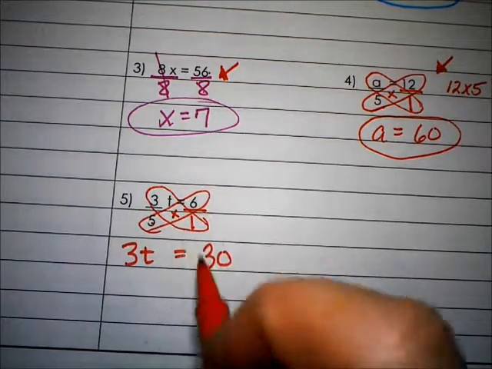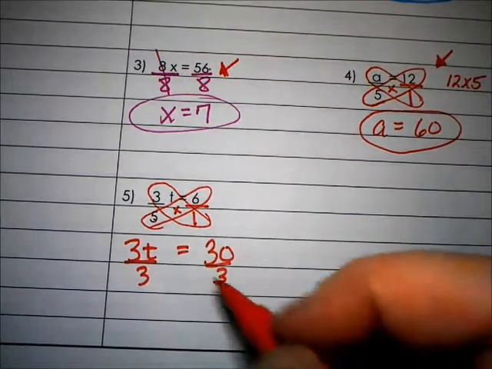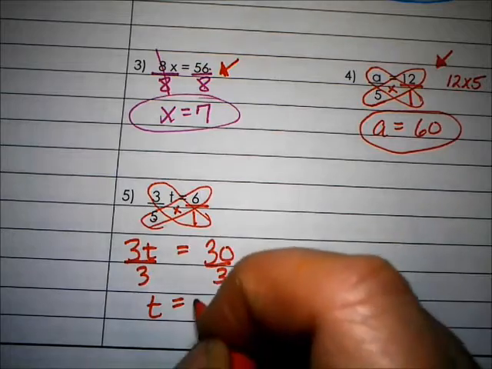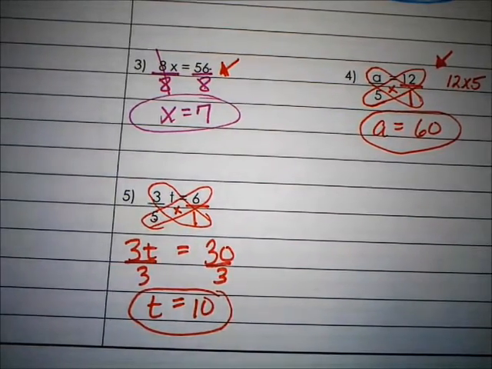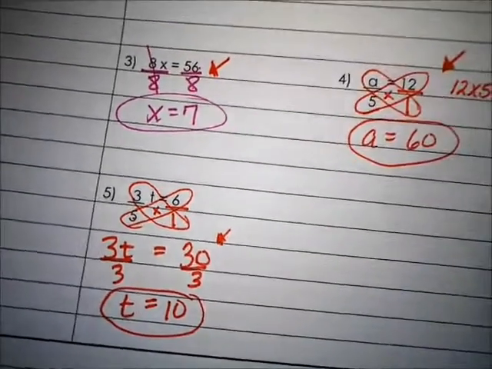So this is cross multiply, and then I have to divide. This one actually has 2 steps to it. Don't miss it. 30 divided by 3 is 10. Make sure you show your steps. Do not skip them.